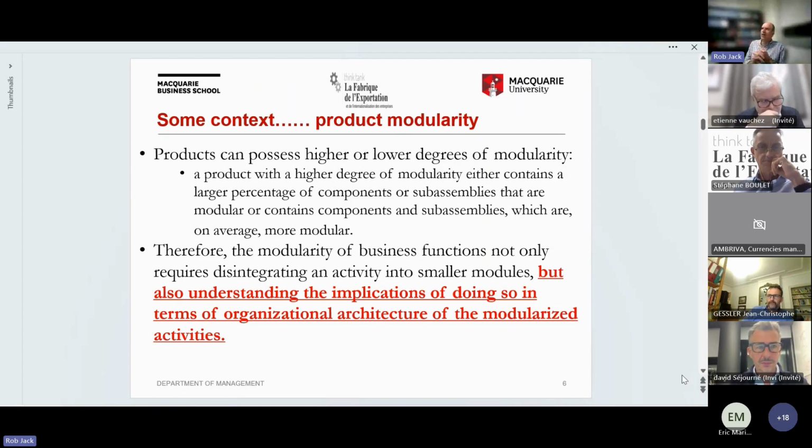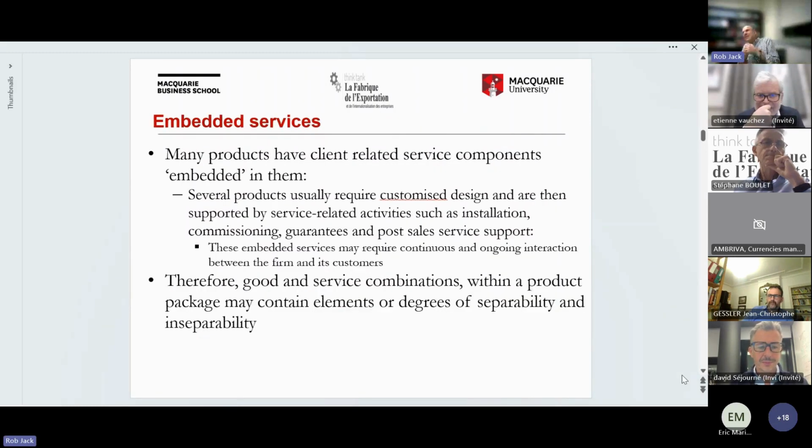But we don't really think about it necessarily from the point of view of internationalization. Now, product modularity, the most common example of it, is where you tend to get goods and services blended together. Many products, whether they're a good or a service, have additional service components embedded in them.